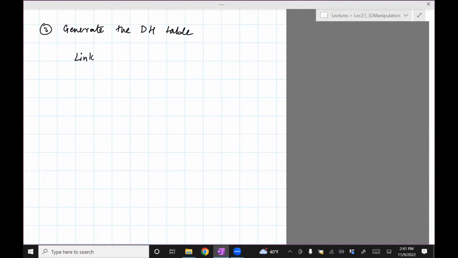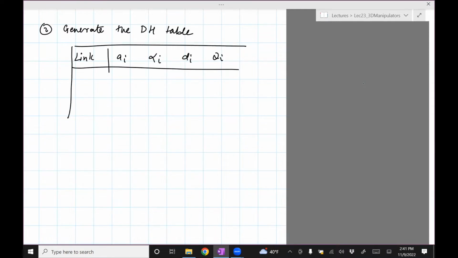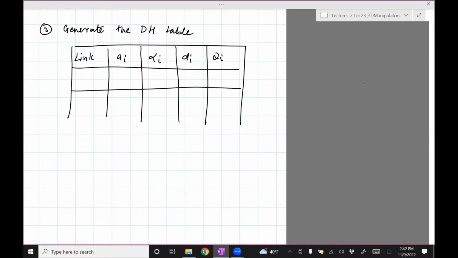Link, ai, alpha i, di, theta i. Okay, so here we have two links. So I need to populate those a, alpha, d, and theta.